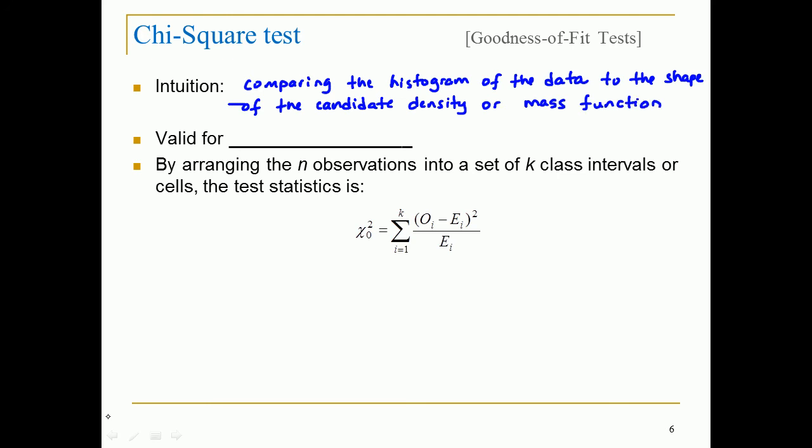So a density function is used when you have a continuous distribution. A mass function is used when you have a discrete distribution. And this is valid for large sample sizes.